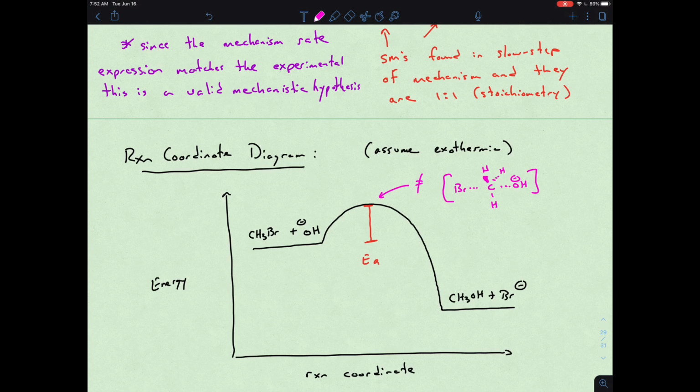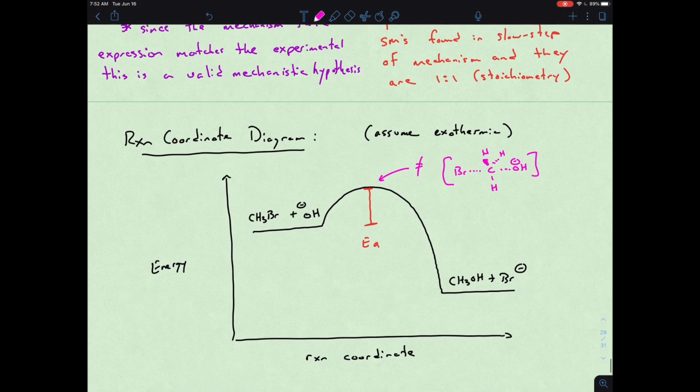So that's the idea of activation energy: we had to add energy to bring the hydroxide in close contact with the CH3Br. We had to add a little bit of activation energy to start breaking the bromine bond. We're starting to get some energy back with formation of the hydroxide bond. And then we go downhill to our products. So that is our transition state.